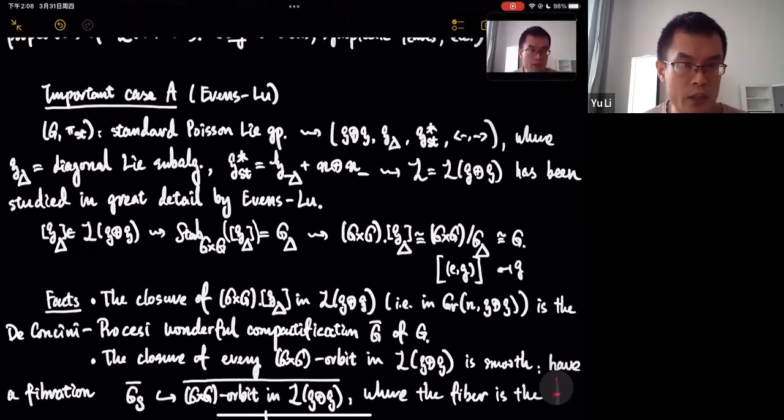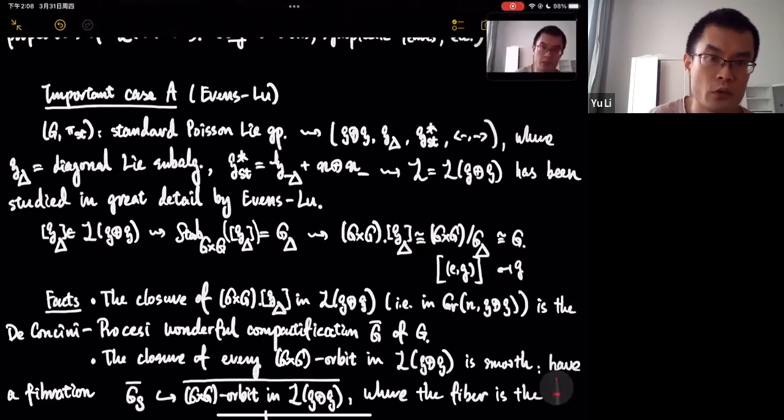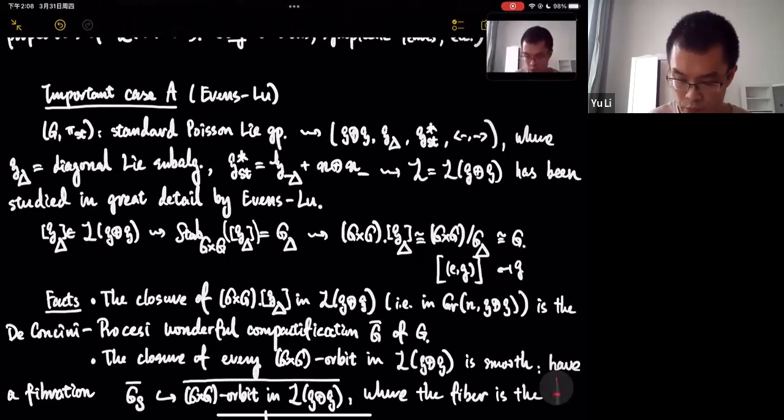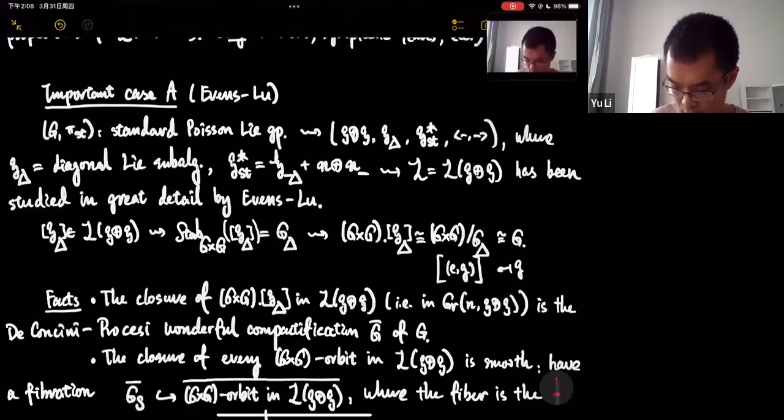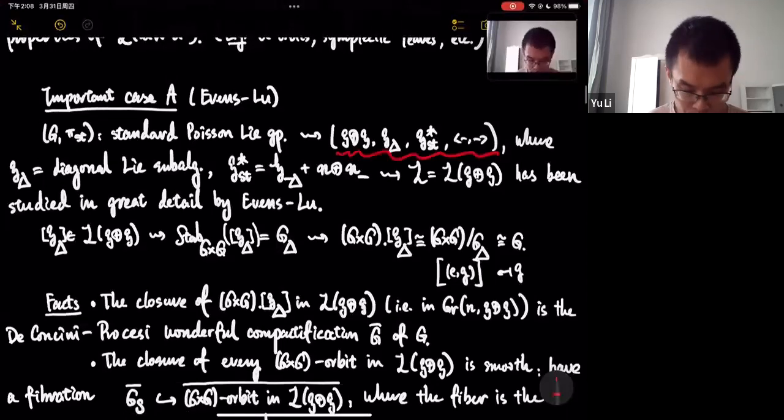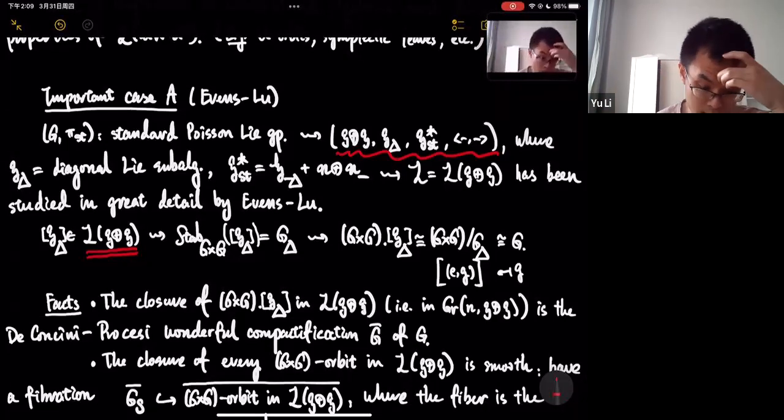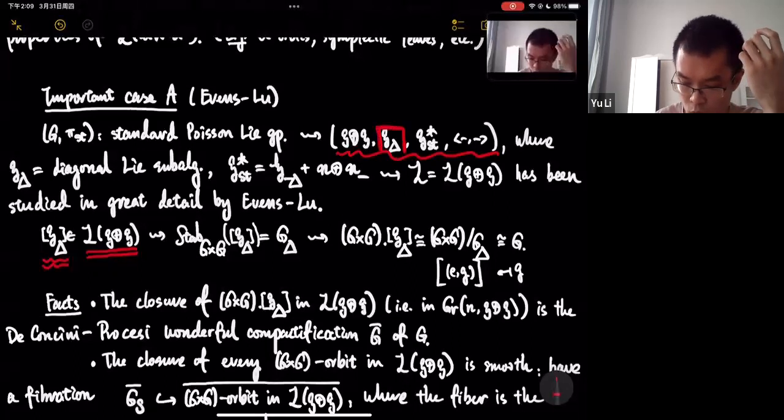So what happens is you take G, equip it with the standard Poisson structure. Then the Manin triple is as written. I have the variety of Lagrangian subalgebras L of G direct sum G. Inside this variety, I have the diagonal G, which is one of the two subalgebras in the Manin triple.